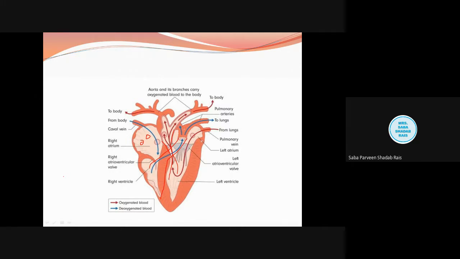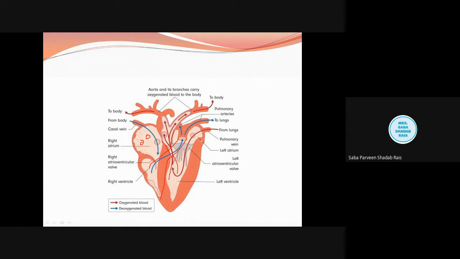Now this right ventricle will have the pulmonary arch, which will be taking the blood from the heart to the lungs for oxygenation, and this blood will be entering, as this blue arrow is showing, to each side of the lung by the bifurcation of the pulmonary aorta, and now the blood has entered inside the lung.